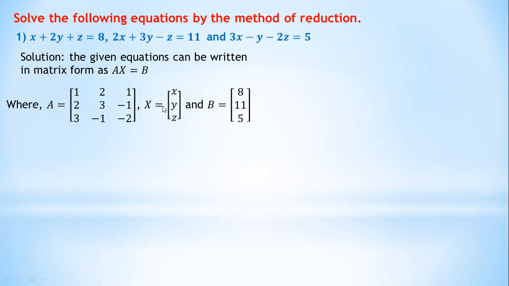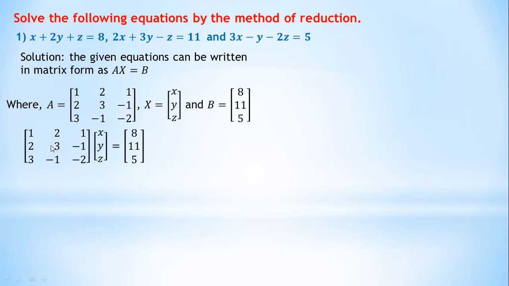Then X is the column matrix of the three variables x, y, z, and B is the matrix of constants on the right hand side of the equation. That is, here 8, 11 and 5. So let us solve this by using reduction method. So we write the given equations in matrix form like this.